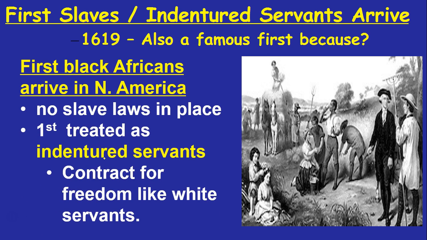There were no slave laws in place, but at first it's understood that they probably were treated as indentured servants, which means they were under a contract to gain their freedom after a few years, and the contract probably lasted about 7 years, as it did for anybody else who had their way paid for by someone of wealth. You basically paid that back by entering into a contract for indentured servitude. And when you fulfilled your contract of 7 years, then you became free.